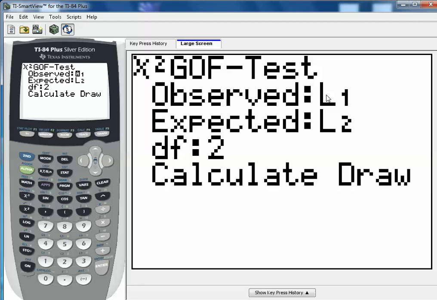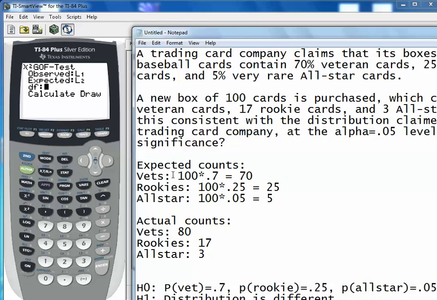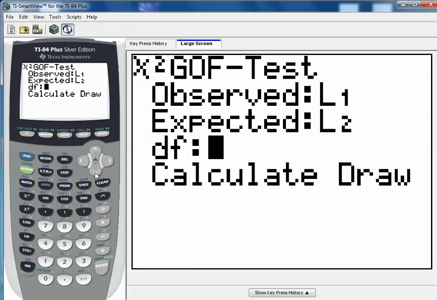Our observed is in L1, our expected was in L2. This DF is our degrees of freedom, which is always the number of categories minus 1. Here we've got 3 categories: vets, rookies, and all-stars. So 3 minus 1 is 2. So I have 2 degrees of freedom.